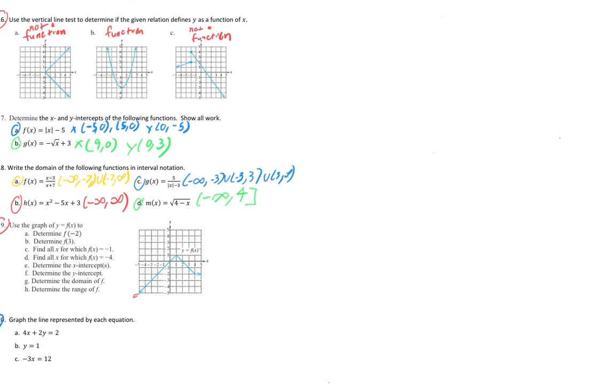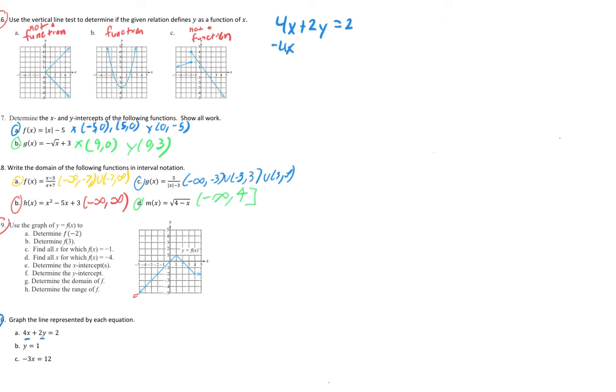On to question 20. So we can see that x and y are linear, so we can actually solve for our y. So we get 4x plus 2y equals 2.